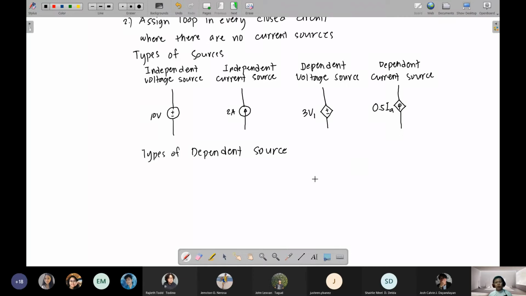So these are the different kinds of dependent source. You will have first, let's call it a voltage controlled voltage source. So this is the first type of dependent source.